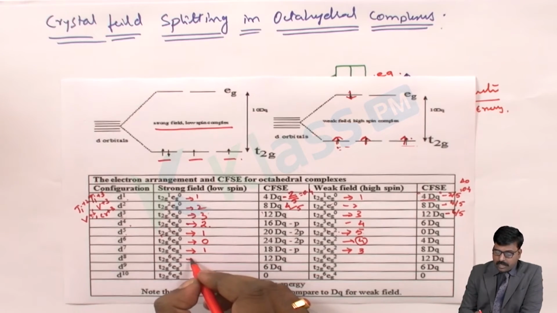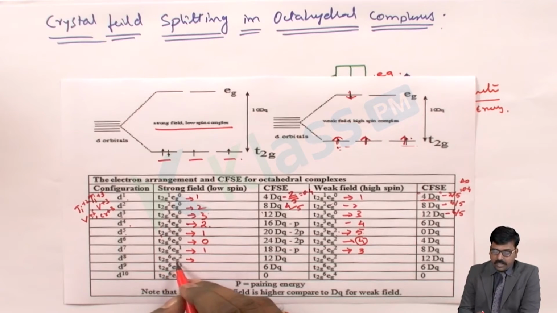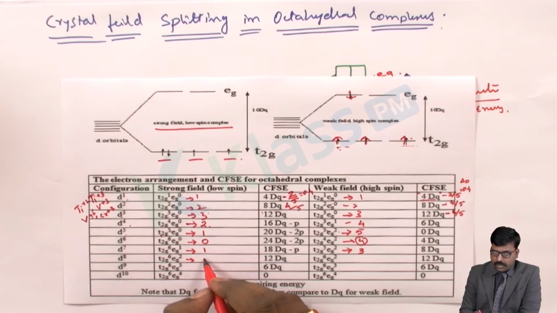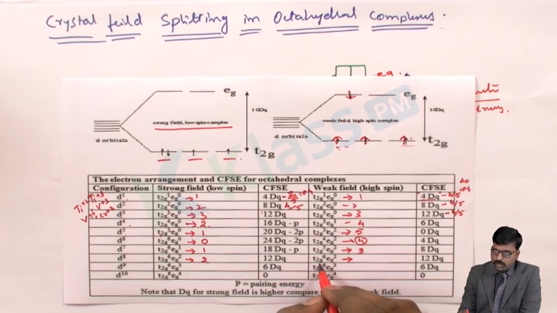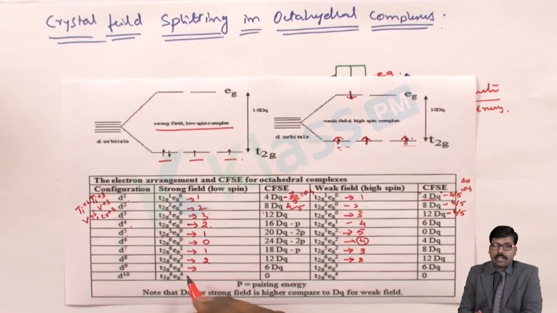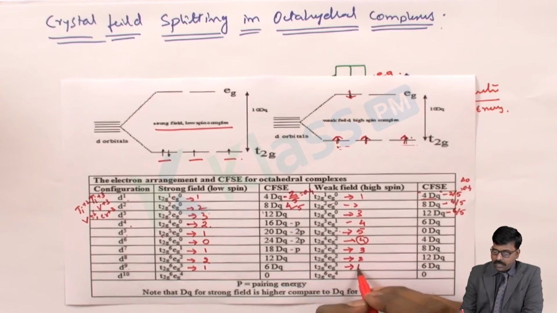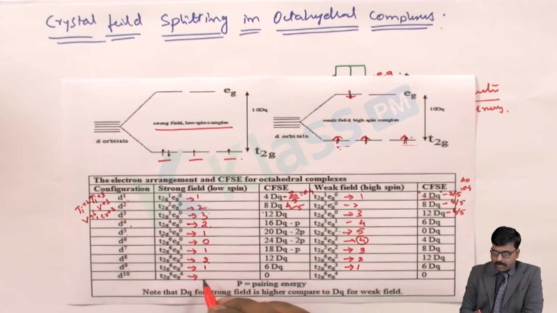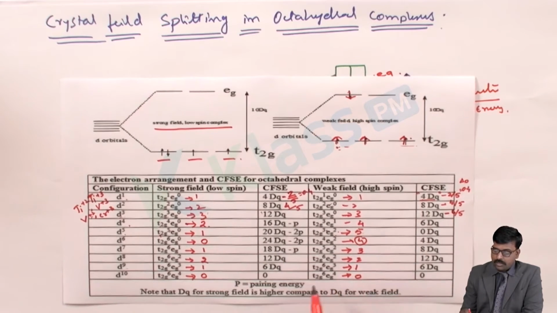Here the number of unpaired electrons when the D8 configuration, that is t2g, will be completely filled and eg will be half filled. So it will be 2. So the number of unpaired electrons here is also 2. Number of unpaired electrons in D9 electronic configuration will be 1, and here also it is 1. So here the number of unpaired electrons is 0, and here the number of unpaired electrons is 0.